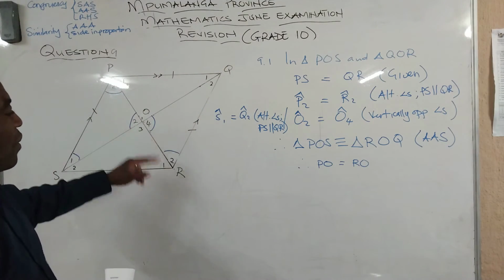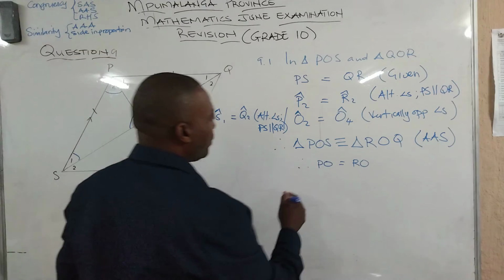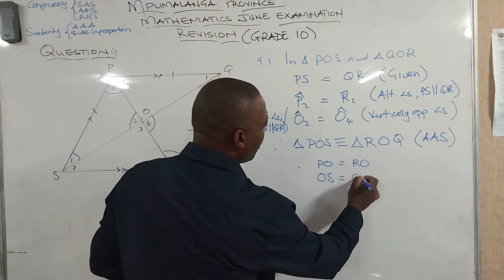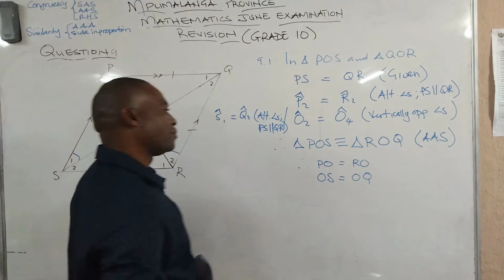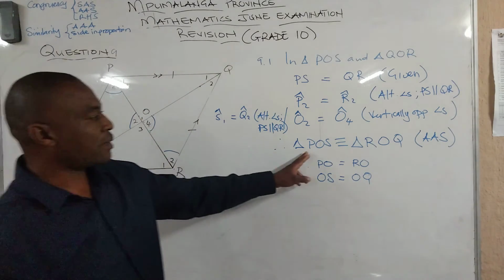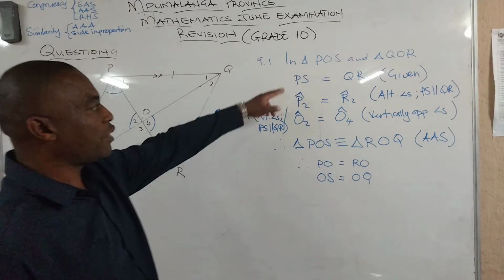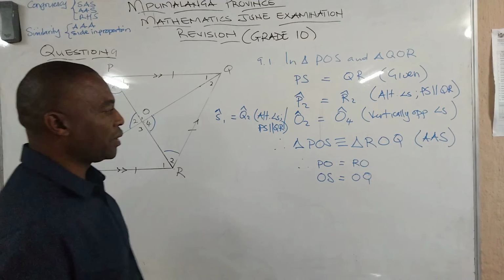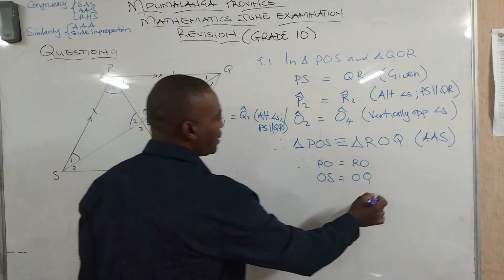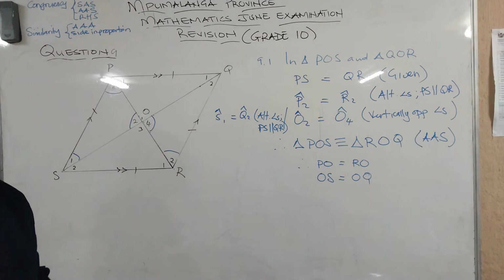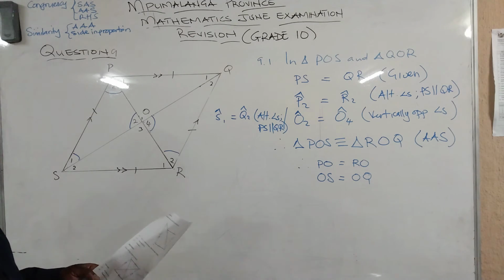We can also establish that OS is equal to OQ. Of course, PS, we have it here. PS is equal to RQ. So the examiner wanted us to establish this. Alright, so basically that's how we answer 9.1.